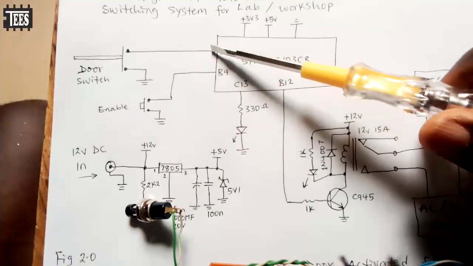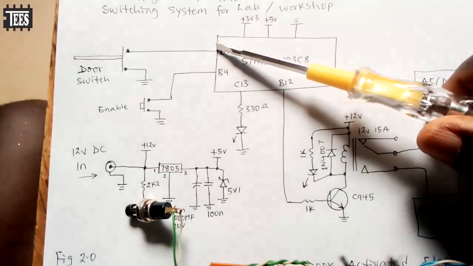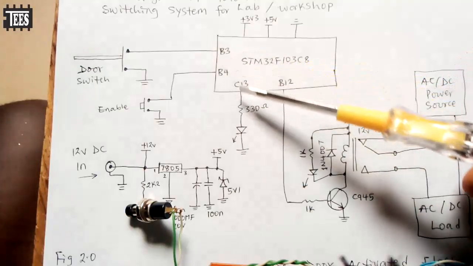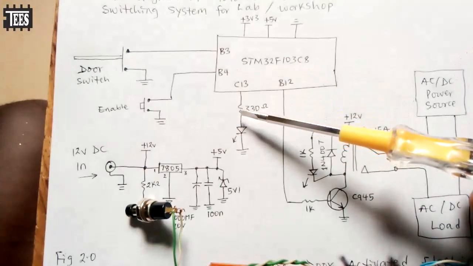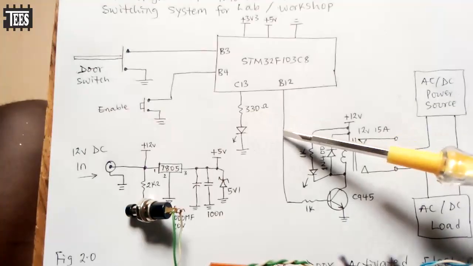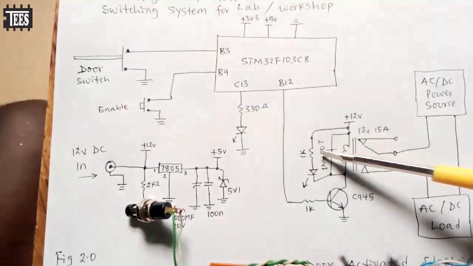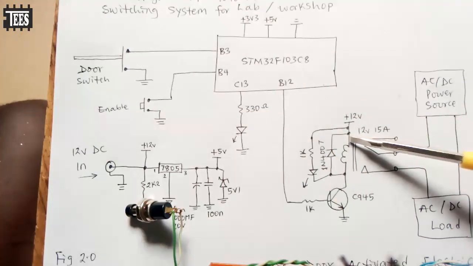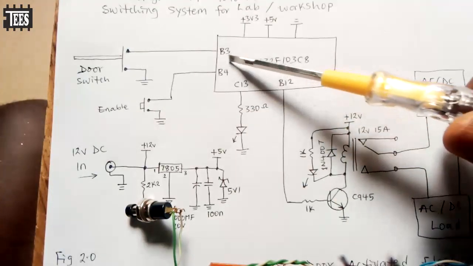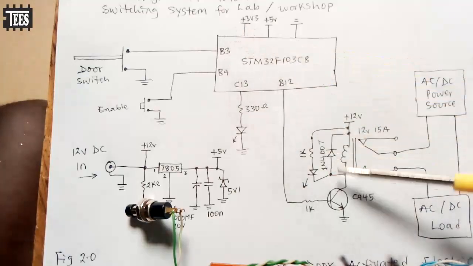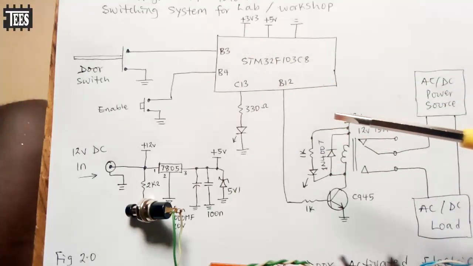But once the microcontroller detects logic 0, as long as this pin is on logic 0, your microcontroller is going to, after flashing this LED 10 times, turn on this pin here to activate the transistor. The transistor will now drive the relay. It will continuously still be checking the pin, but as long as the pin remains on logic 0, this relay will remain on. You understand?